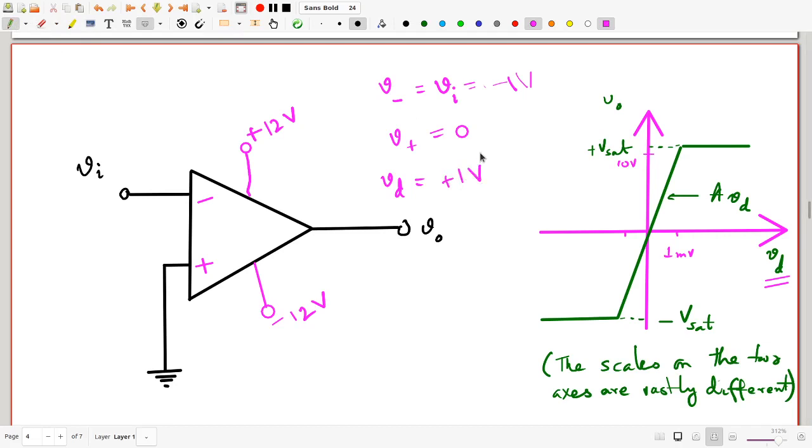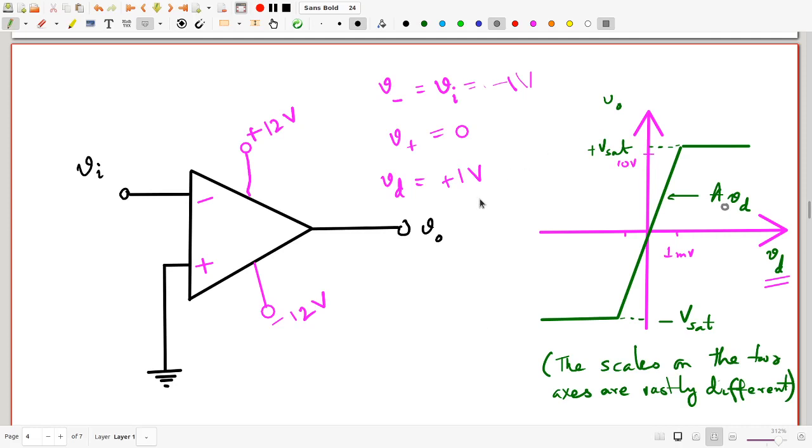Of course, a plus 1 volt Vd would have predicted 10,000 volts with a gain of 10,000, with AO of 10,000. But as we have already discussed, you cannot get plus 10,000 volts out of an op-amp. The maximum you can get is plus Vsat, let's say plus 12 volts.